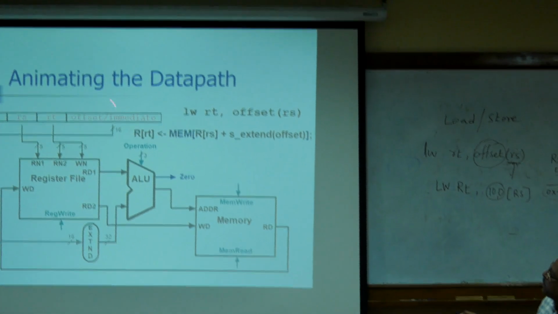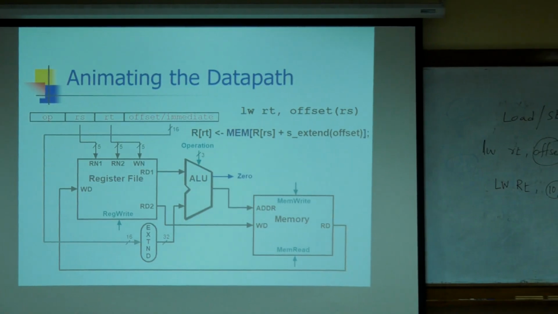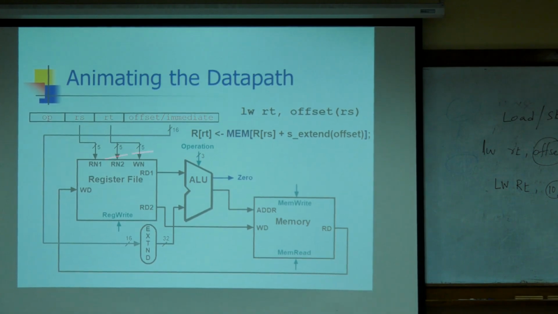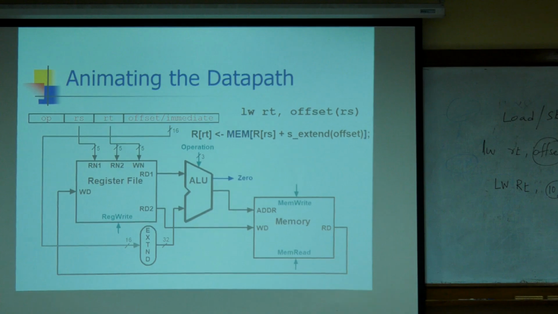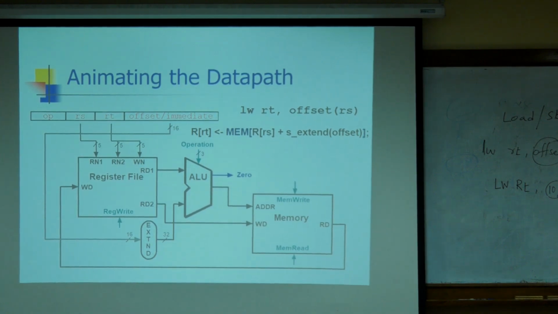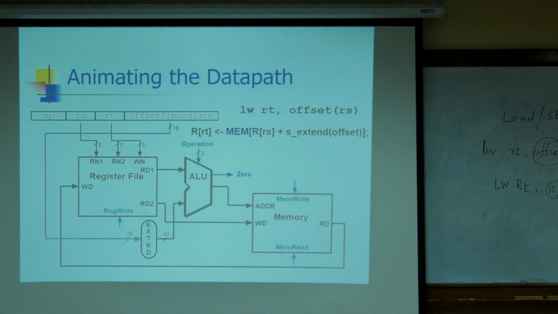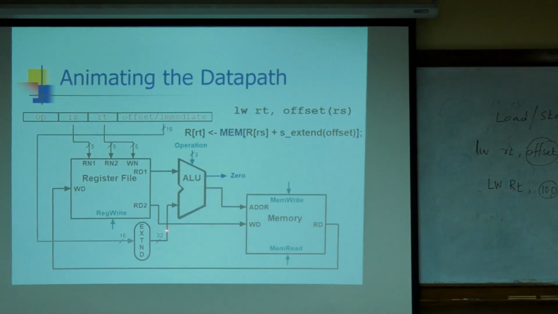The 16-bit offset is extended to 32-bit. This is sign extension, simply converting the 16-bit offset address into 32-bit. Sign extension means the MSB of this 16-bit offset will be copied to the remaining 16 bits, so that it becomes 32-bit.